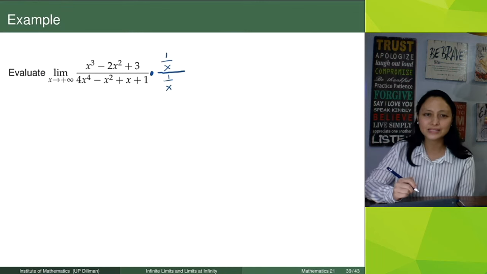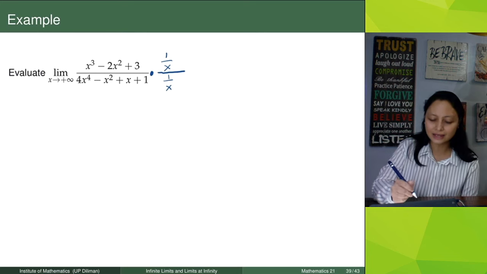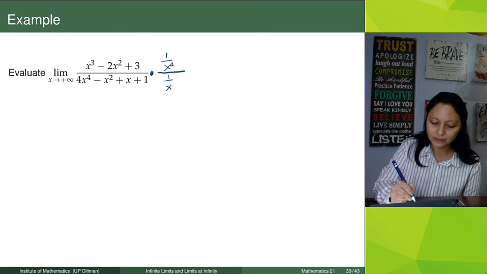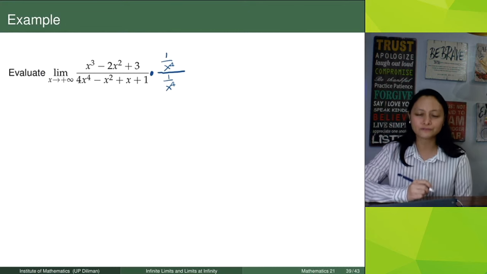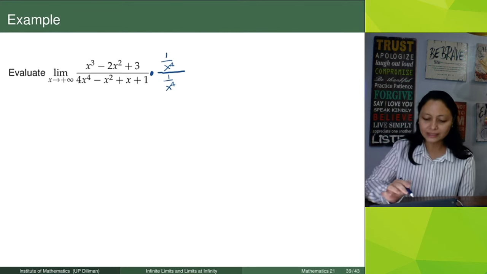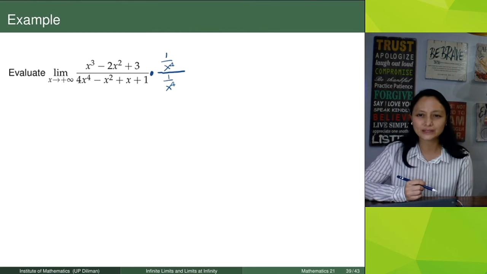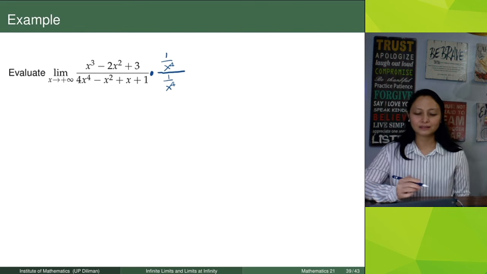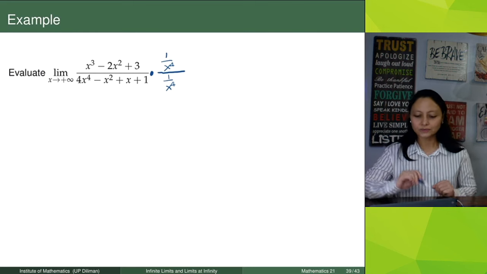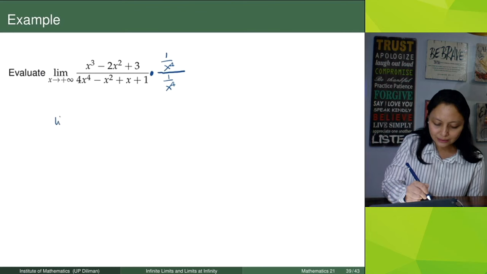Yung highest exponent sa denominator, in this case, ay 4. Okay? So, you multiply by 1 over x to the fourth over 1 over x to the fourth. Okay? Dapat partner yan, ha? Para equal to 1 pa rin yung minumultiply natin. Hindi natin binabago yung given. Okay? Yan. Sige, so, multiply natin.